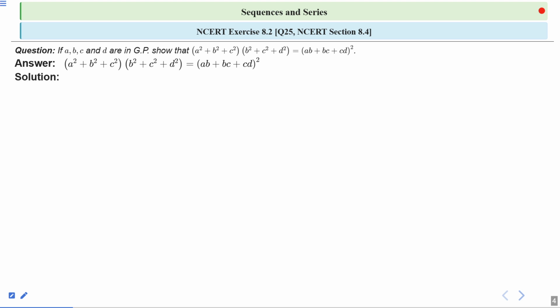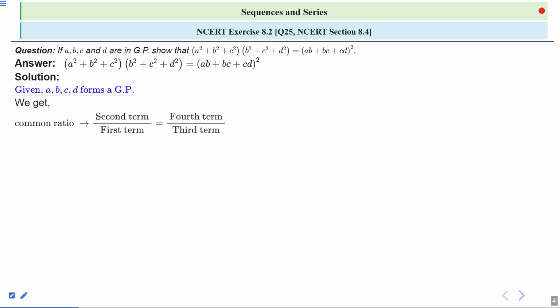So given A, B, C and D are in GP, so A, B, C, D forms a GP. Then we get the common ratio.